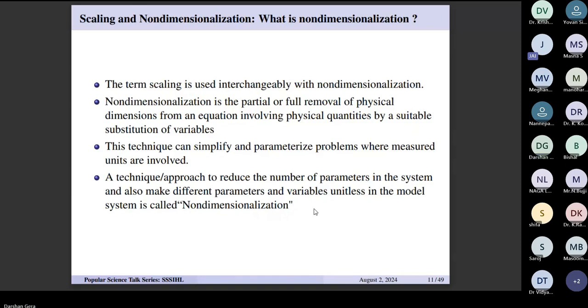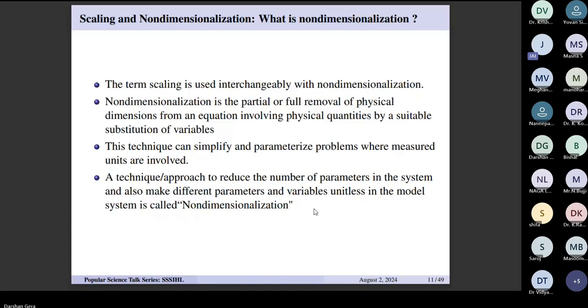How do you do this? By rescaling. In scaling, you introduce suitable variables. There are old variables in the model. With the help of scaling, we introduce a new variable with a certain constant, and we develop the new model from there. That is the non-dimensionalized model. It is a technique to make all the variables and parameters dimension free or unitless.